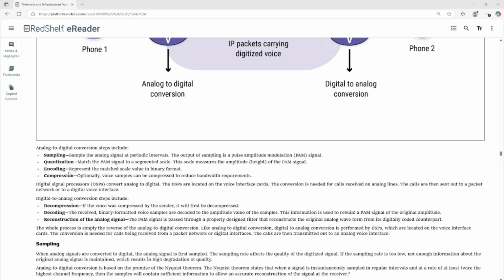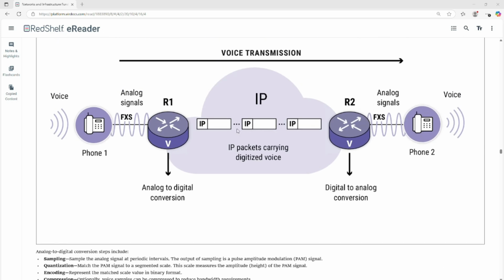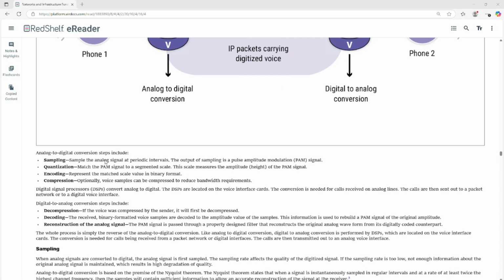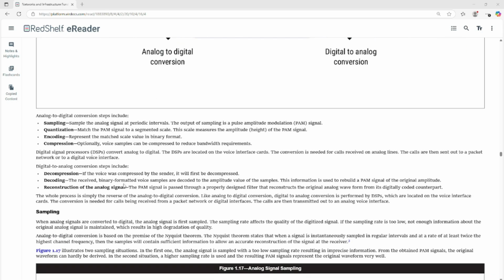So that's when we're doing analog to digital, like in this case. It samples, does the process of quantization, encodes, and then compresses that package, adds an IP address and sends it over. Once it receives it, what does it do? It decompresses and decodes, and then reconstructs it back to an analog signal, and then provides it to the phone.